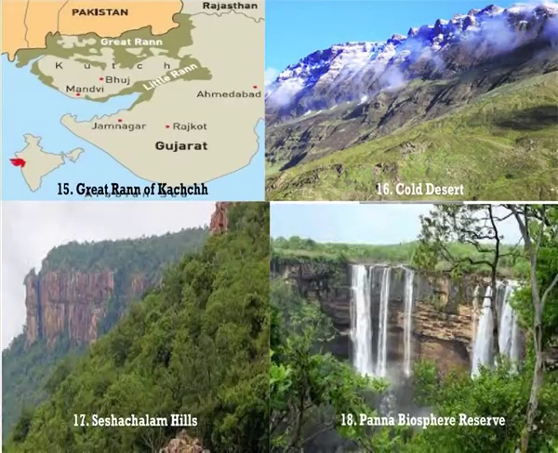We come to the Rann of Kutch, which is in Gujarat. It is in the border areas of India and Pakistan, and the Luni, Rupen, and West Banas rivers drain into this particular area. Now, this has a desert and mixed scrub type of vegetation because sand is there.